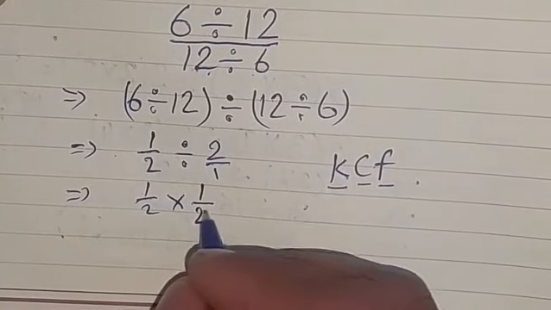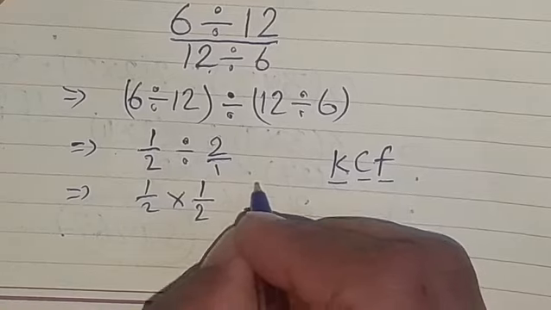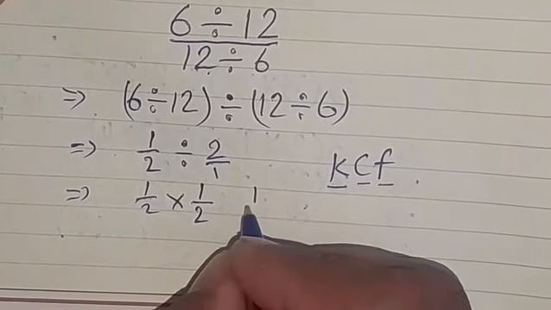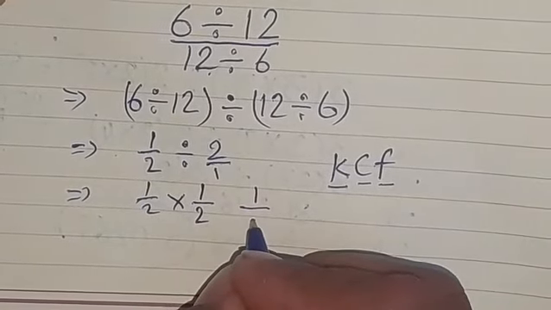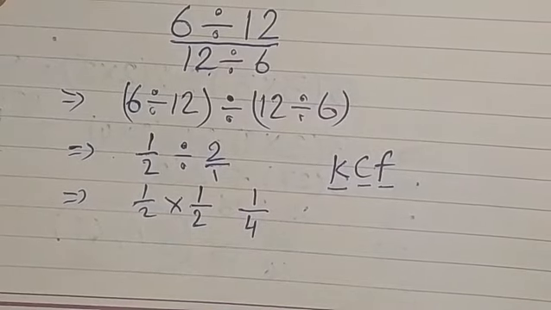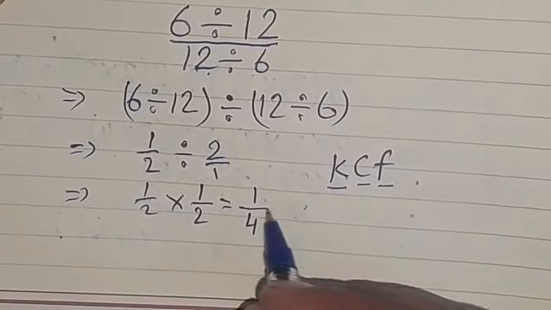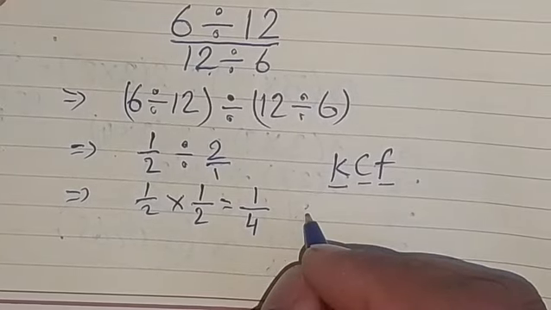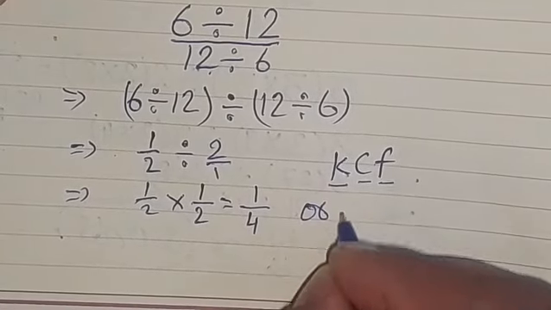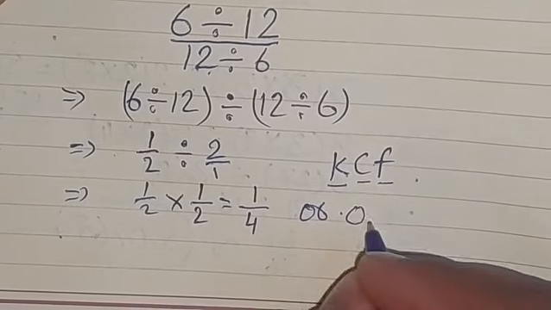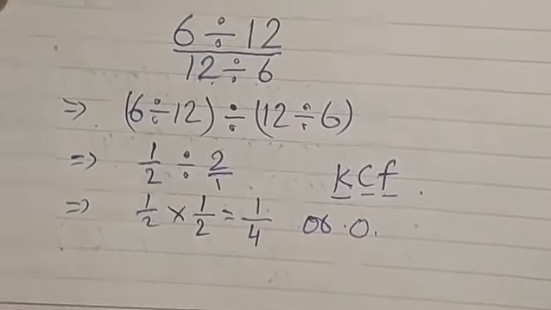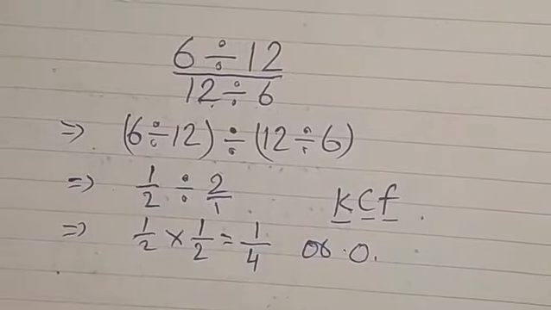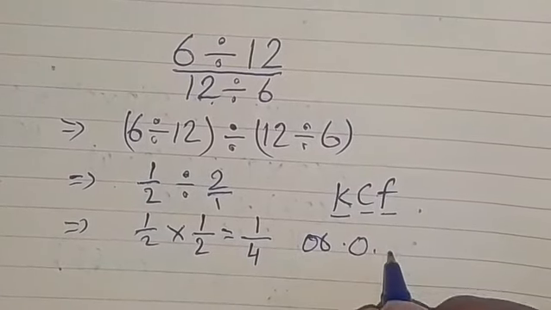So 1 times 1 gives us 1, and 2 times 2 gives us 4. So the final answer is 1 over 4, or 0.25.